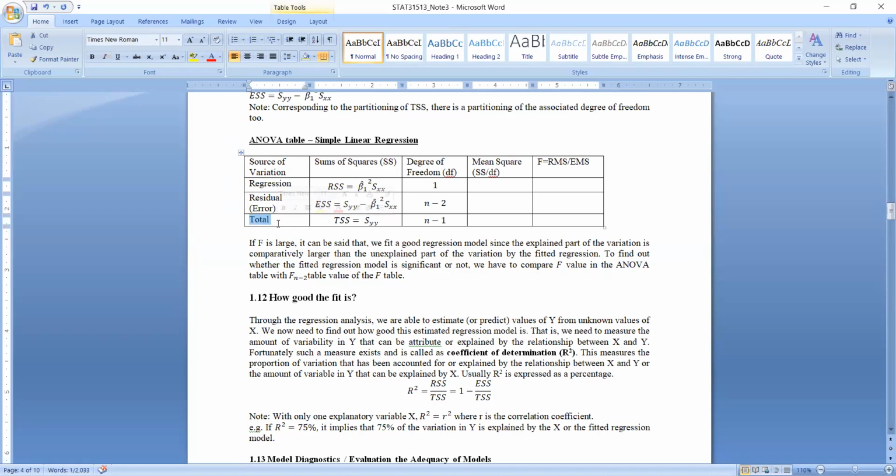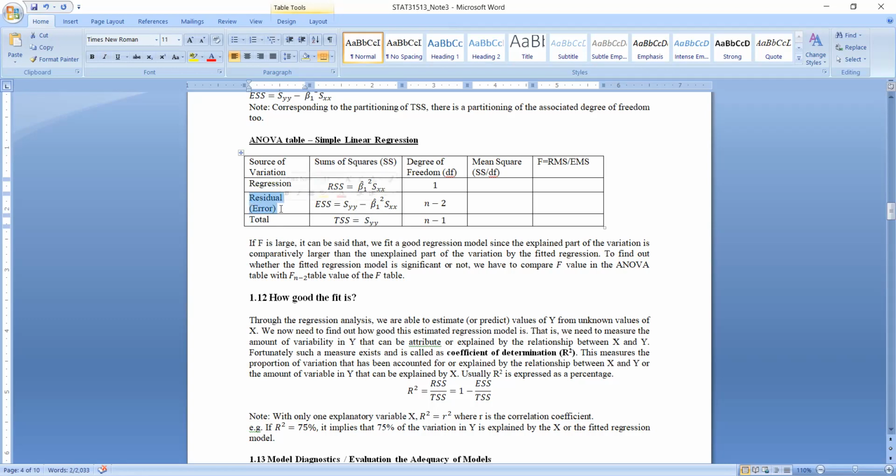We saw that this total variation can be divided into two parts: one coming from the regression line and the other coming from the error term. So the first variation is from the regression and the second is from the residual.